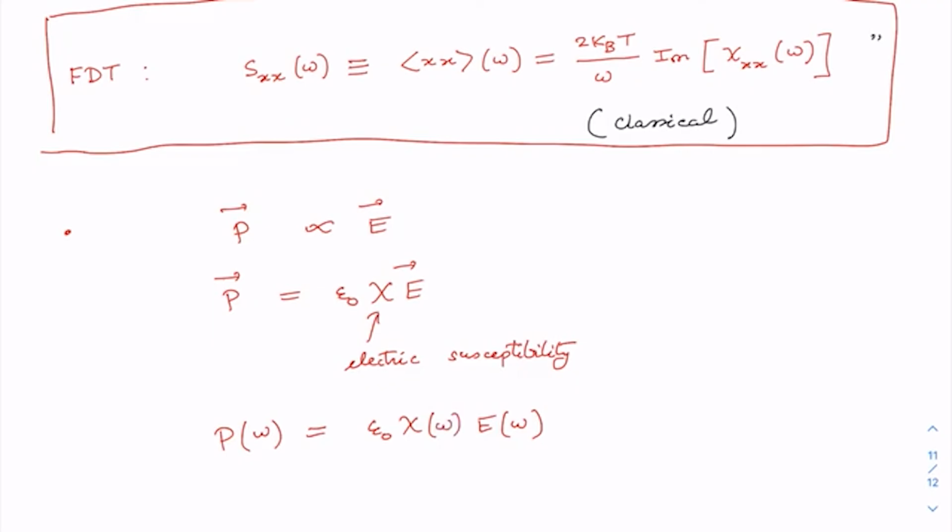Now chi, as I said, is the electric susceptibility, and this is actually called linear electric susceptibility.